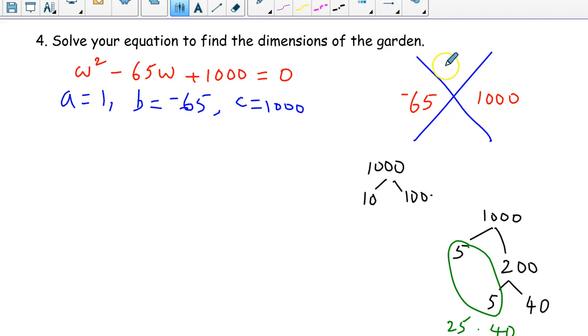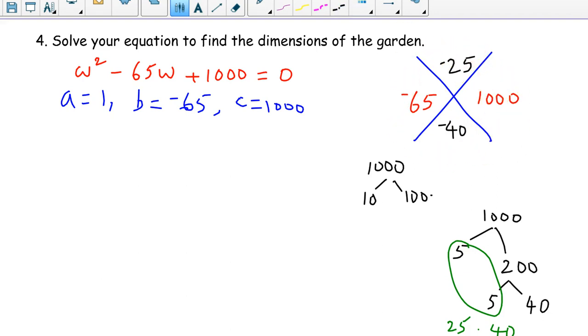Okay, now negative 25 is here and negative 40 there. Add those two numbers, negative 25 and negative 40 is equal to negative 65, and the multiplication of those two is 1000. The condition is satisfied, the most important step.